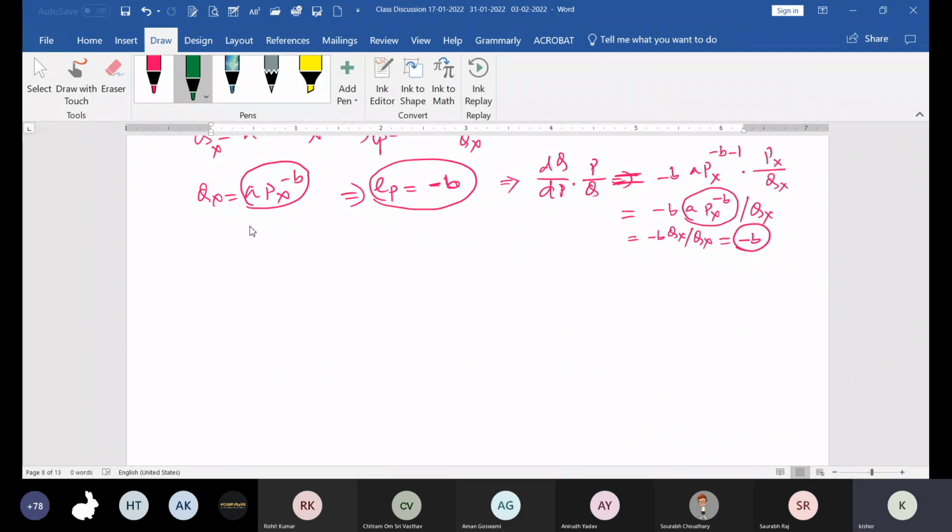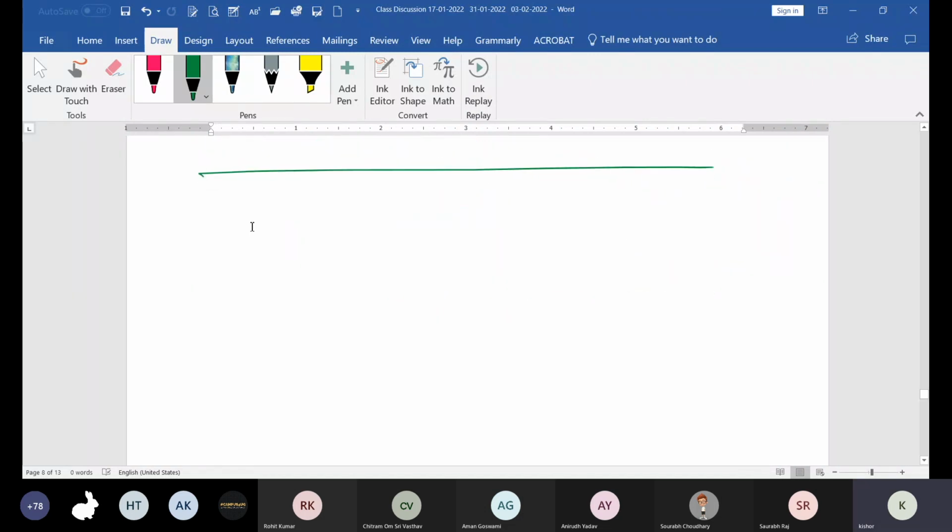This is one. Now, another way of measuring elasticity, not ideal, but I am just showing you. Same diagram, I'm just drawing it.